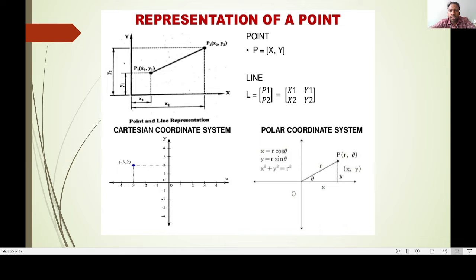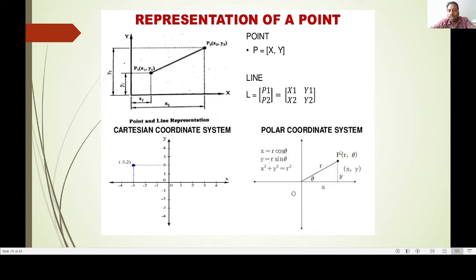But in the polar coordinate system, it can be represented in trigonometrical form, using cos theta and sin theta. Here the origin point is O, this is the x direction, and this is the angle theta, the angle of the line. From O to P is called the radius r.